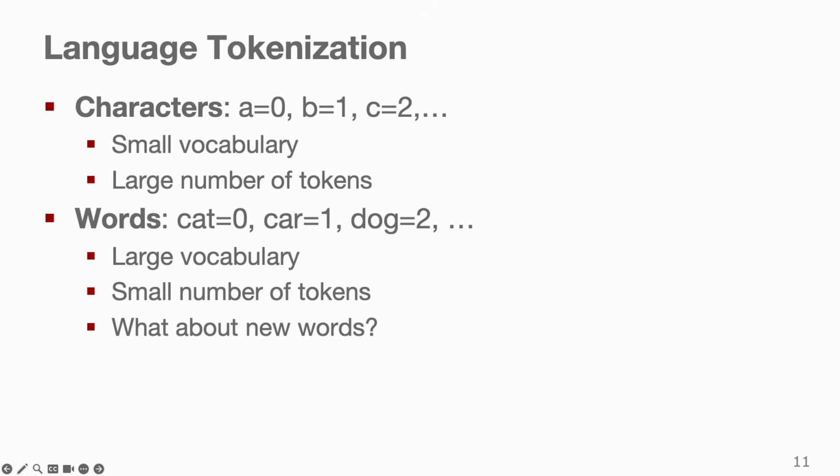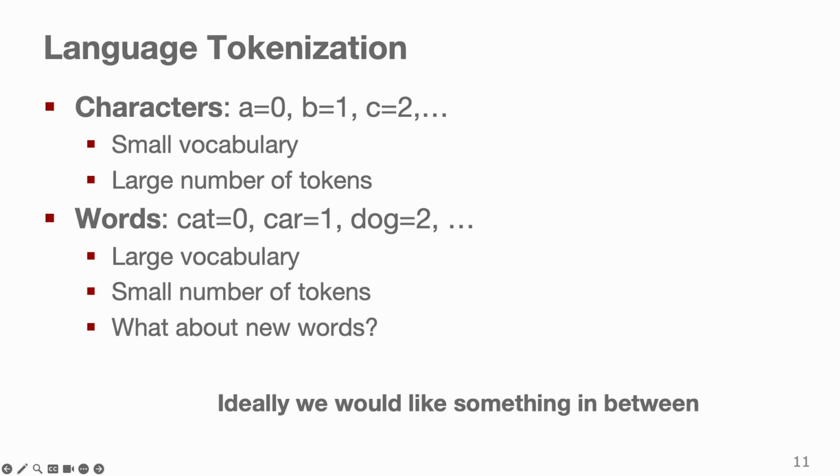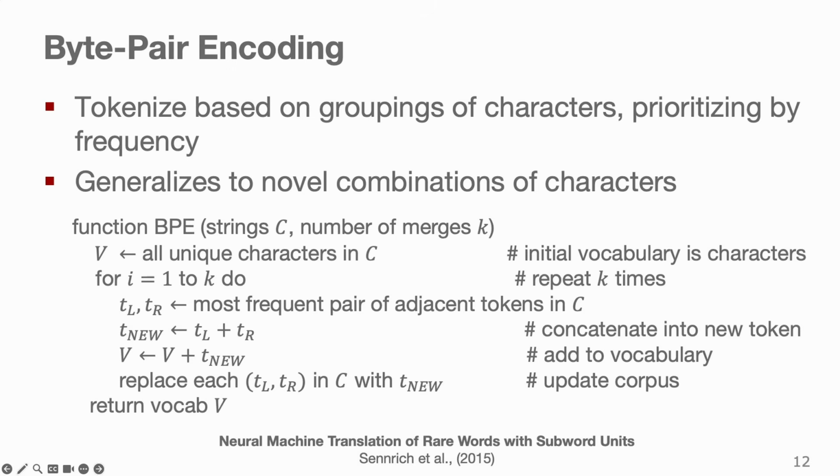And so neither extreme works well, and ideally you want something in the middle, so units that are larger than characters but smaller than words, that can handle unseen vocabulary gracefully and keep sequence lengths manageable, because the attention operation is quadratic. And that's what subword tokenization gives you.